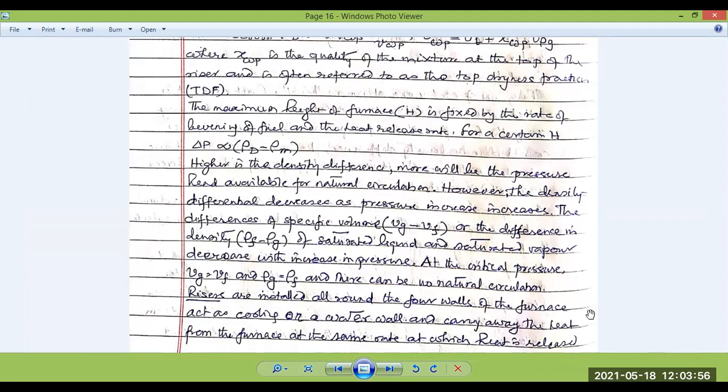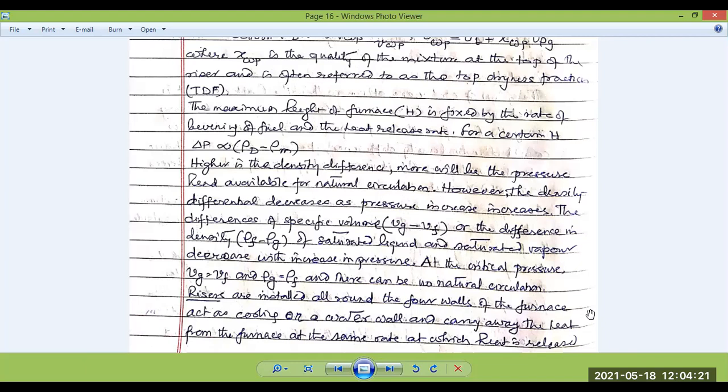However, the density difference decreases as pressure increases. The difference in specific volume and in density of saturated liquid and saturated vapor decreases with increase in pressure. At the critical pressure, V g is equal to V f and rho g is equal to rho f, and there can be no natural circulation.